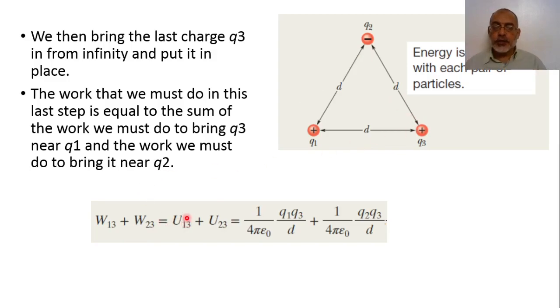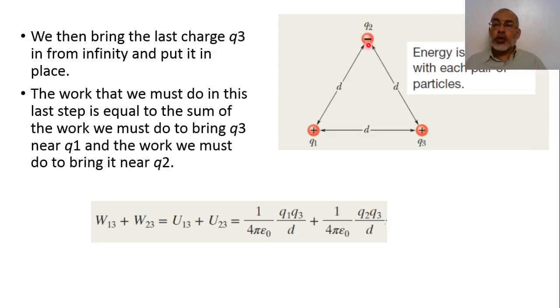The stored energy at this point is the stored energy from 1 to 3 plus the stored energy from 2 to 3, which is 1 over 4π epsilon naught Q1 over D, the potential of Q1 at this point, multiplied by the magnitude of the charge Q3, plus 1 over 4π epsilon naught Q2 over D, the potential from Q2 at this point, multiplied by the magnitude of Q3. Now this is the stored energy due to moving Q3 to this point. And previously, we have the stored energy to move Q2 from infinity to its position.